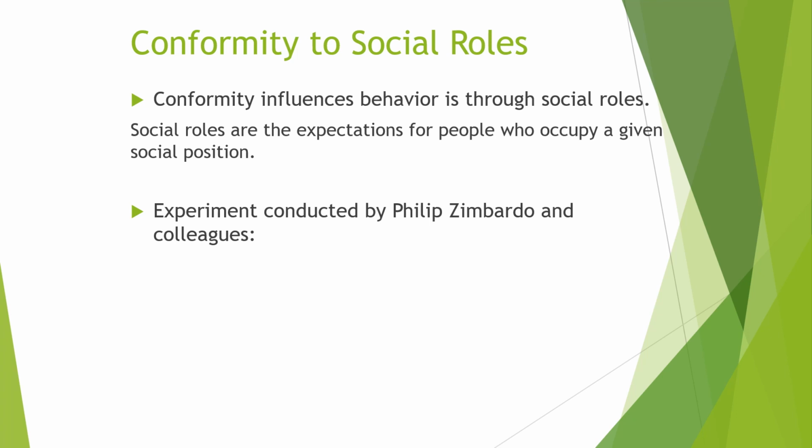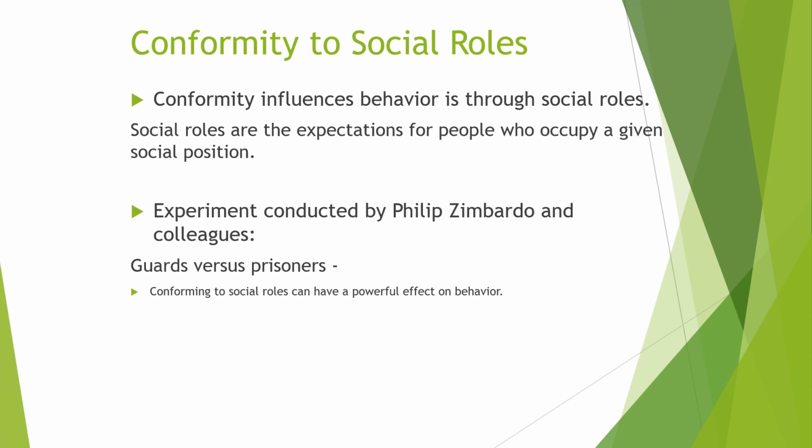Now, a very historical study looking at social roles and how conformity occurs was done by Philip Zimbardo. I will also try to post a video of this study up on the course online. In this study, there were guards and there were prisoners. Everyone volunteered to take part in this study.